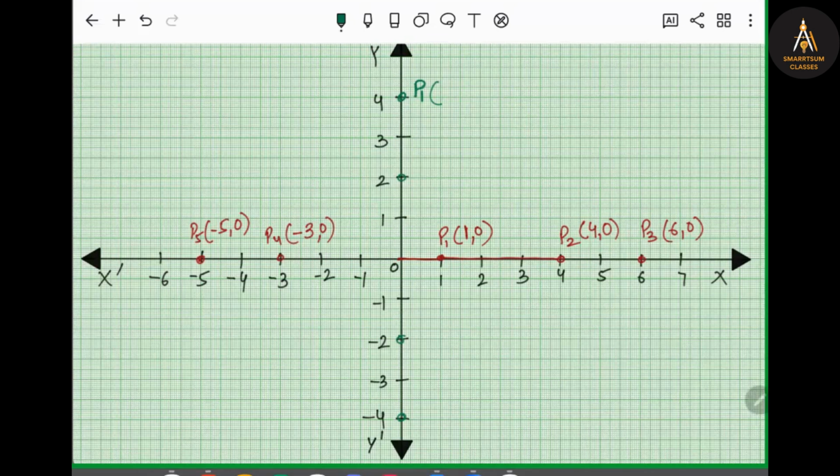Let me denote it with some other letter. Suppose this is S1. What is the coordinate for S1? It is 1, 4.